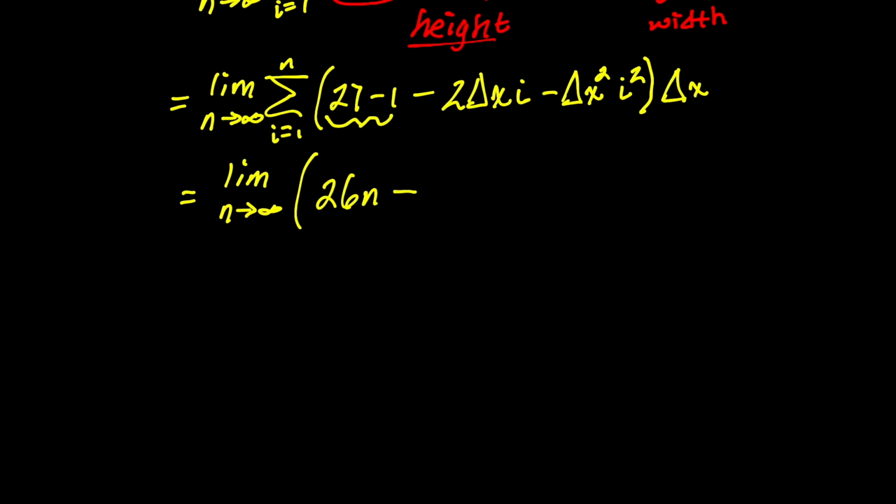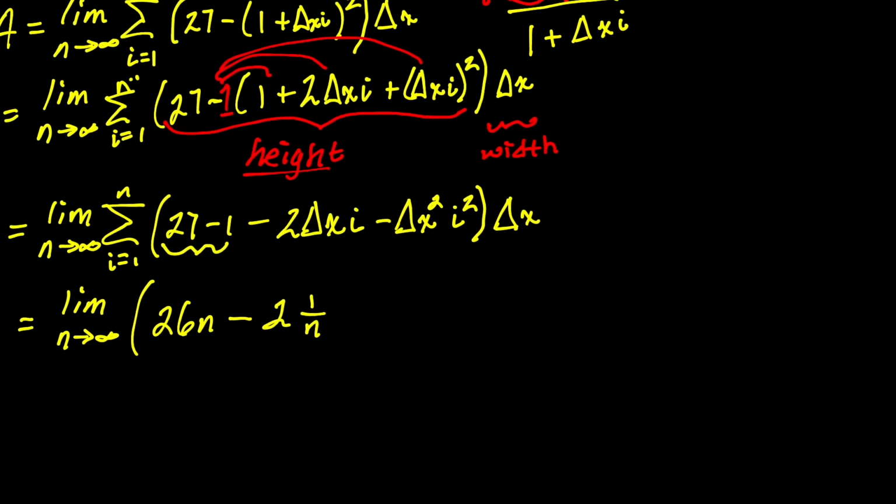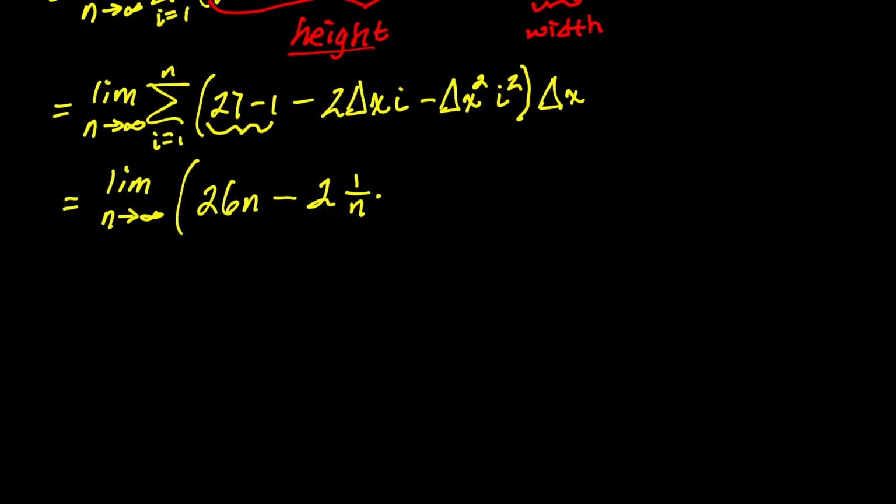Minus, 2 delta x was 1 over n, and we go back to our summation formulas. The sum as I goes from 1 to n of I is n times n plus 1 all over 2. So that's what gets substituted here.